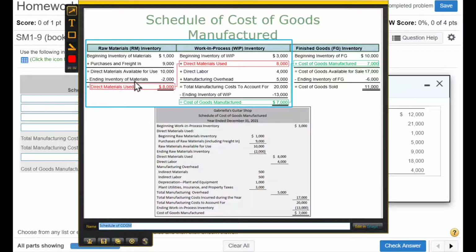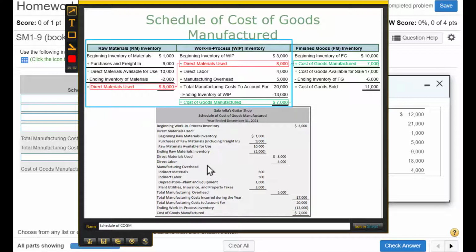We subtract the ending inventory, and that gives us the amount of materials used. We slide that over here, and that's our direct materials used. Then we add in direct labor, and then our manufacturing overhead, and that gives us our total costs to account for. And then we subtract ending work in process inventory, what's left in the T account, and that gives us our cost of goods manufactured.